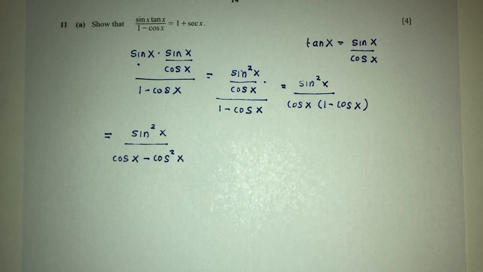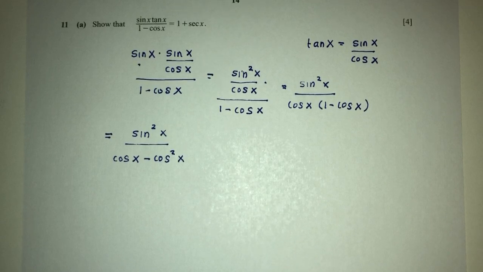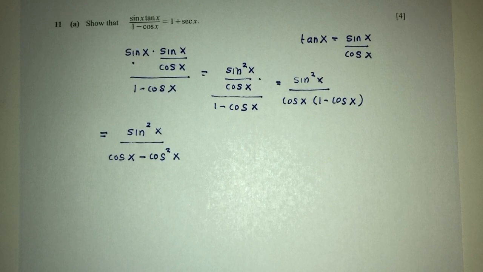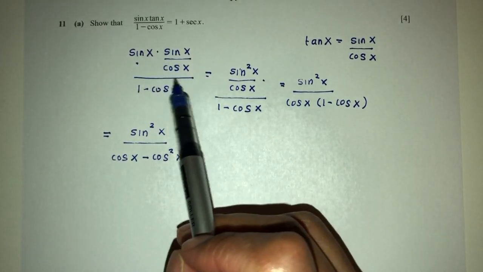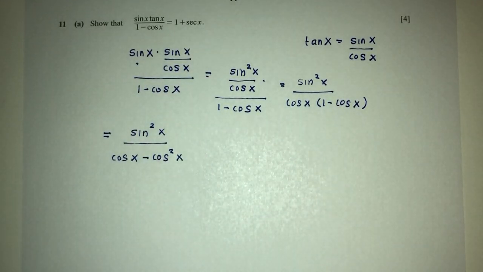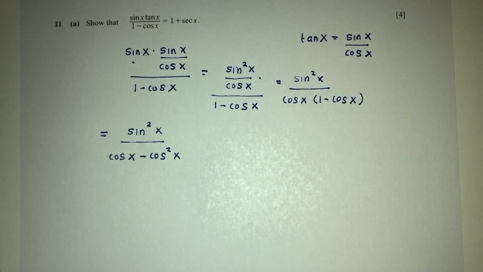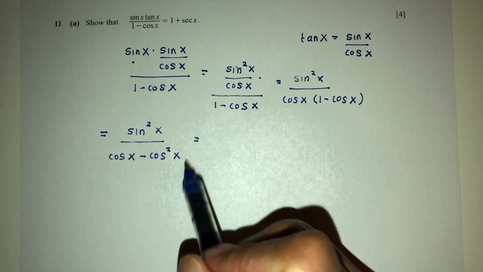Now we know that sin square x can be written as 1 minus cos square x, but can we use this here? Most likely not. Let's see what else can we do. I feel like I missed something because this is going further than we need to go. But let me see what else did I miss. This is okay. This is all right. And now what else can I do? Let's see.